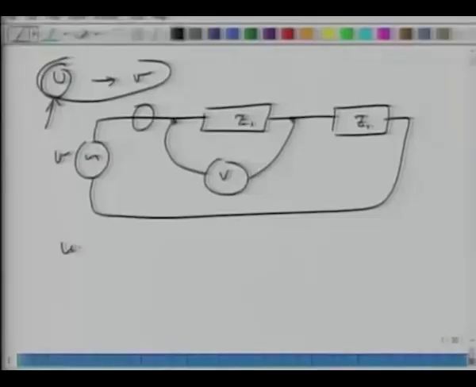So, this analogy where we had established an analogy between u and voltage, and force and current, and so on and so forth, is called the mobility analogy.